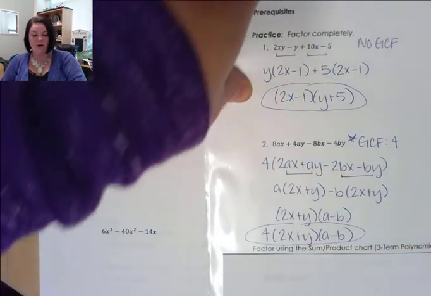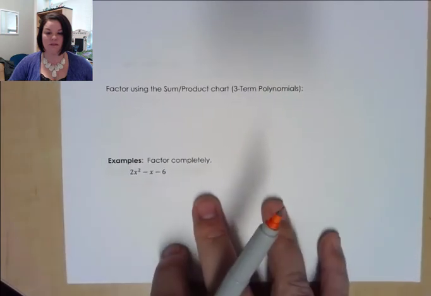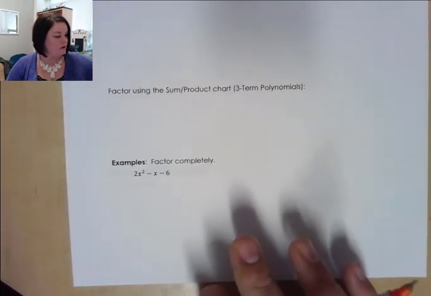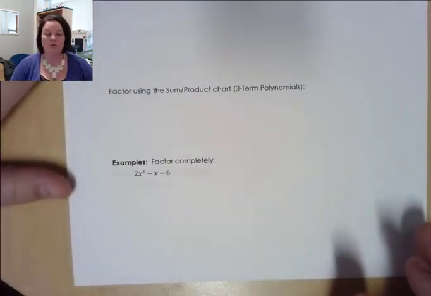Okay, so now what I want to look at is what do we do when we have 3 terms. When we have 3-term polynomials, this is on the same page, just a little bit further down, we want to go ahead and use this method called the Sum-Product chart.